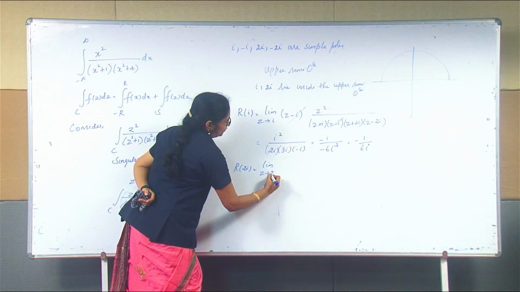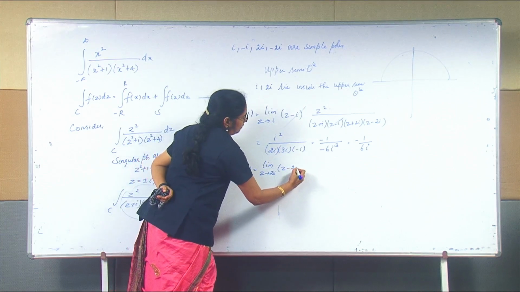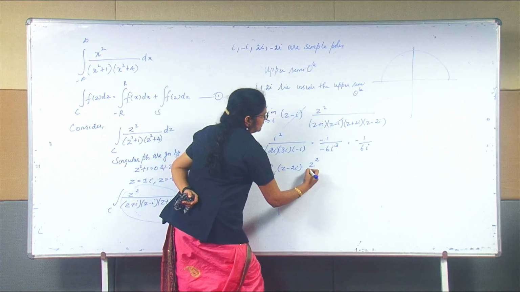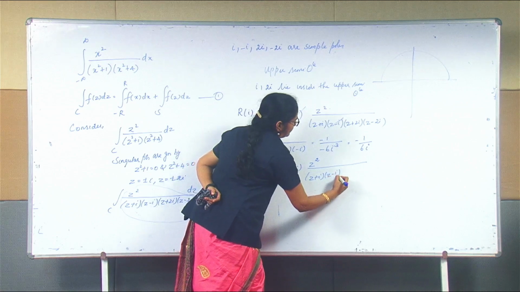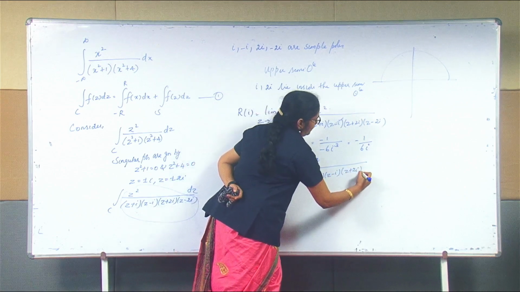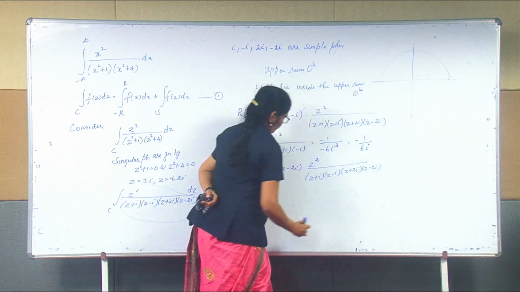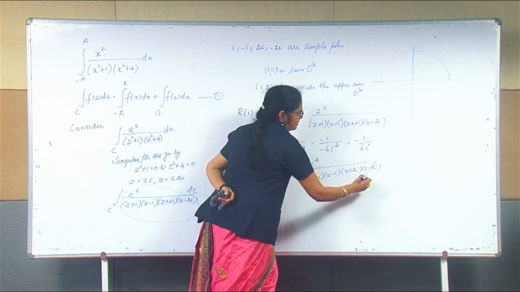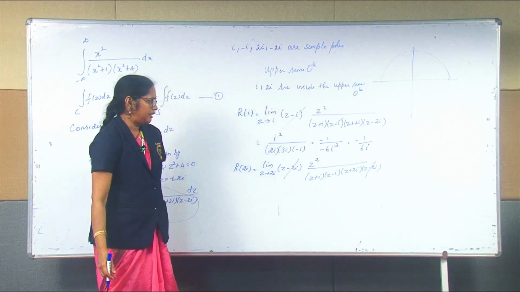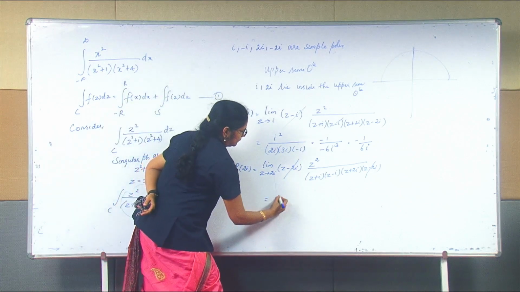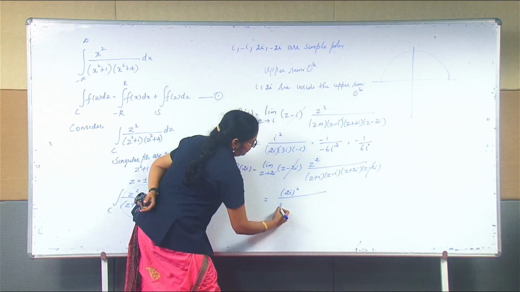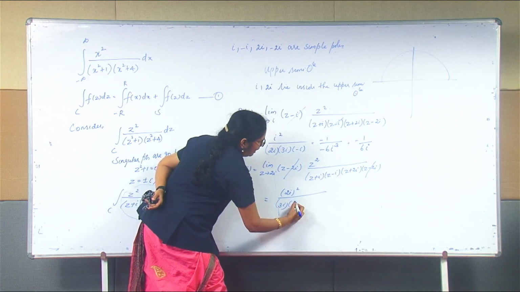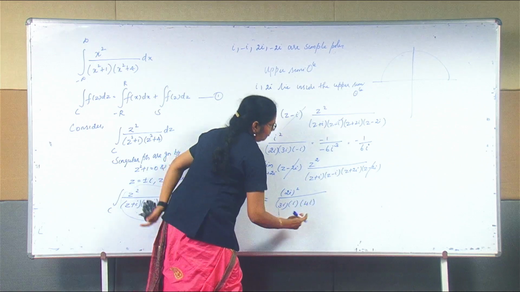Limit z tends to 2i of (z minus 2i) times z square by (z plus i)(z minus i)(z plus 2i)(z minus 2i). Before substituting z tends to 2i, the common terms get cancelled. So this is (2i) the whole square by 3i times i times 4i.